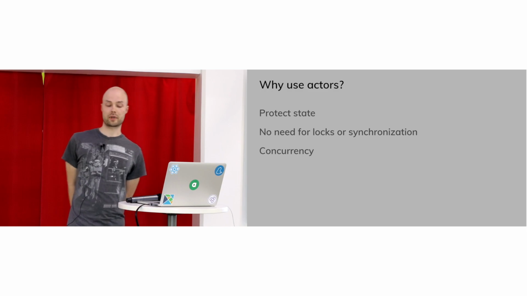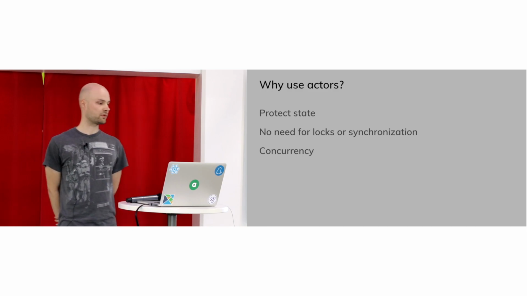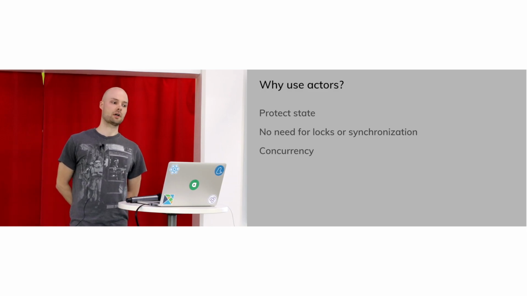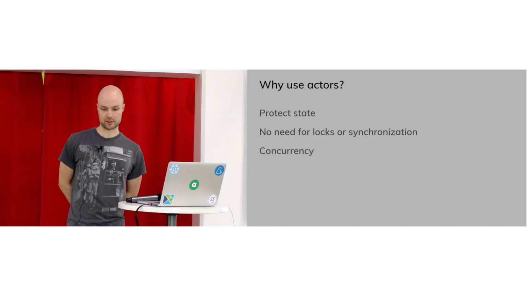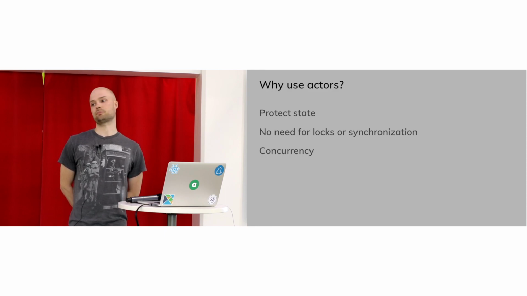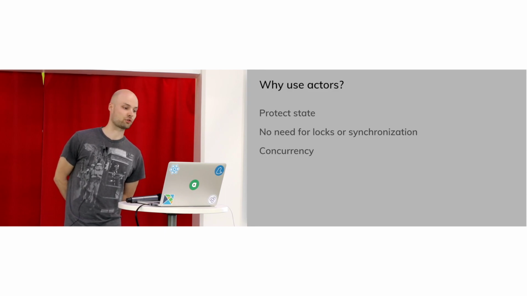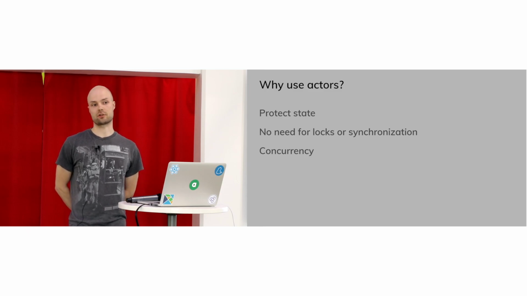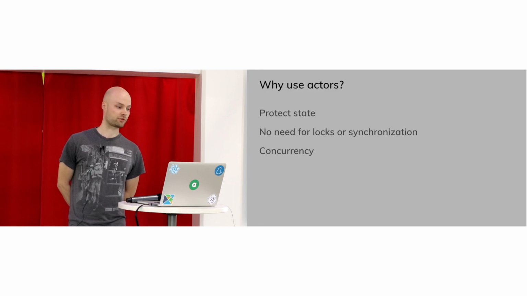So why use actors? Well, first of all, due to this property that they will receive messages one at a time, actors are very good at protecting their internal state. So no need for locks or synchronization or any of these traditional multi-threading concerns.